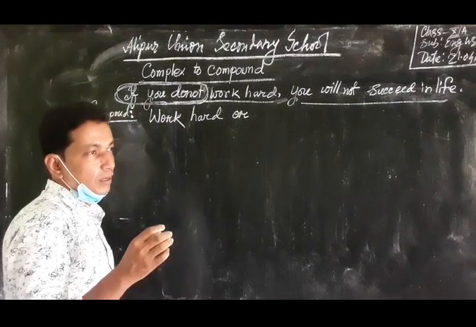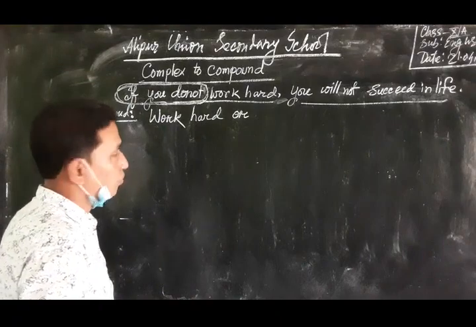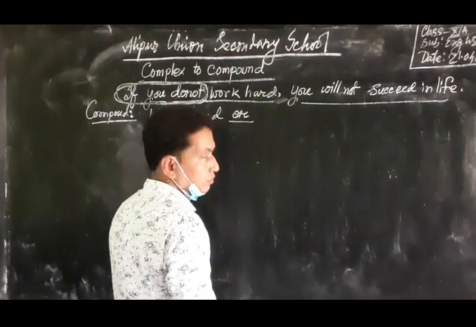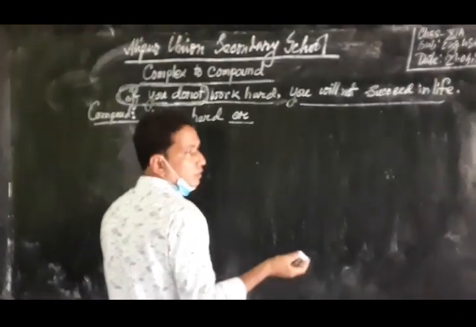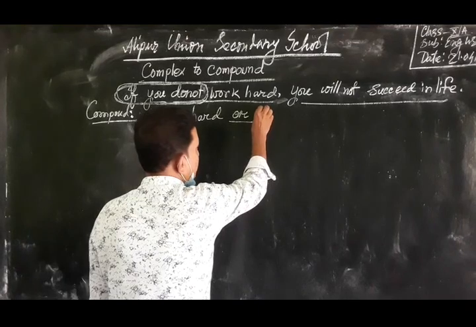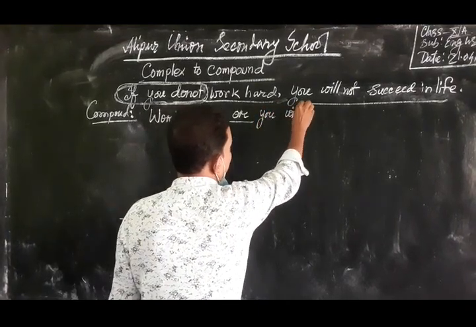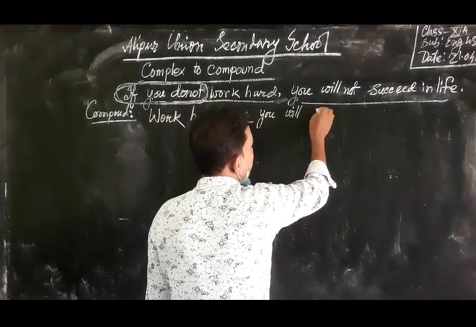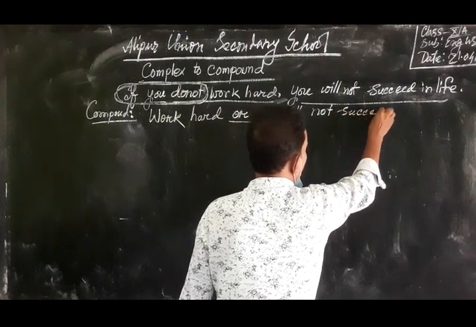And if conjunction indicates the negative sense of the clause, then we must use nor in the middle of the two clauses. And what will be the next clause? The next clause will be the same, because principal clause will not be changed here. Okay, dear learner, then you write here, you will not succeed in life.